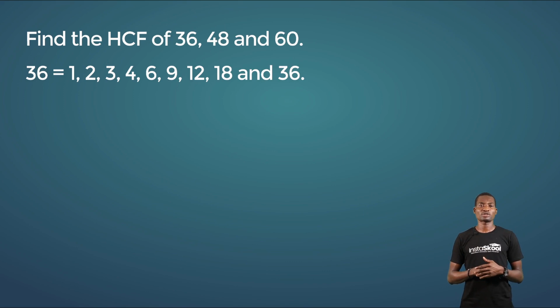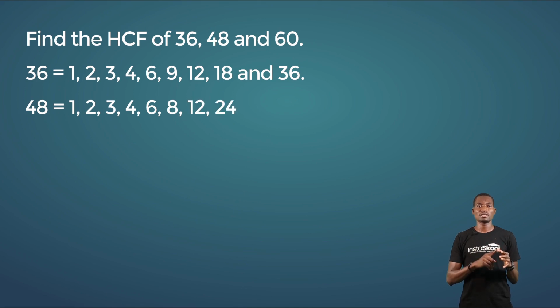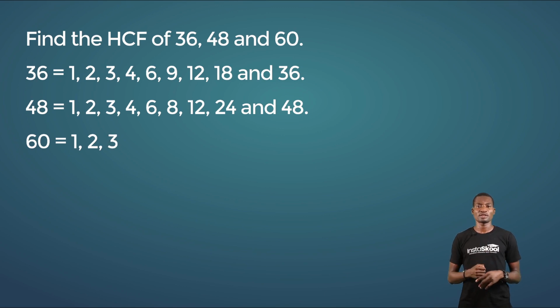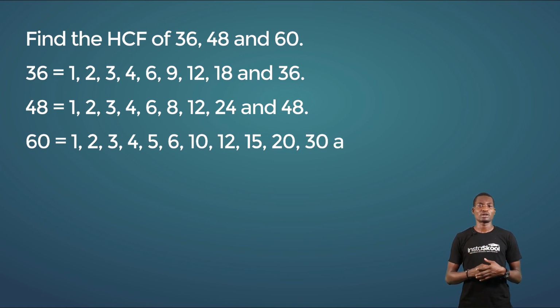The factors of 48 include 1, 2, 3, 4, 6, 8, 12, 24, and 48. The factors of 60 include 1, 2, 3, 4, 5, 6, 10, 12, 15, 20, 30, and 60.